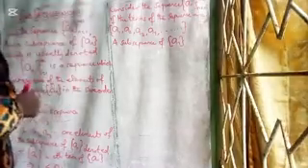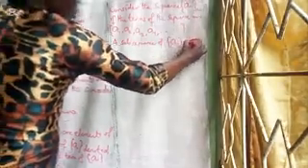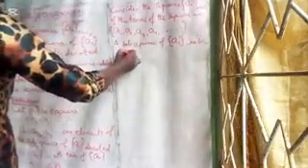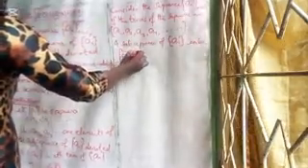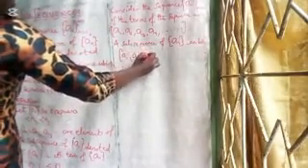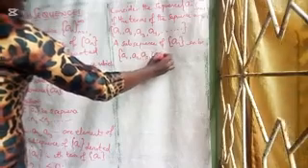So a subsequence of a sub n can be what? Let's pick some of the terms. I can pick a1, a3, a5, a7, and it continues like that. That is like the odd terms in that sequence.